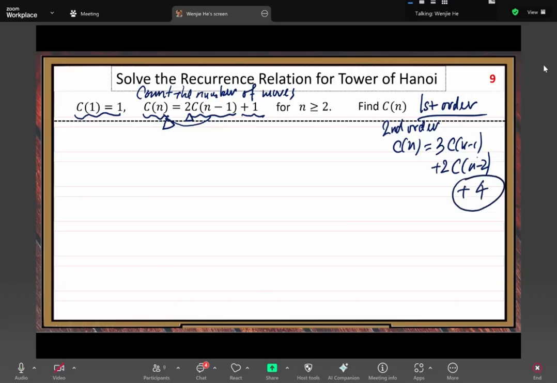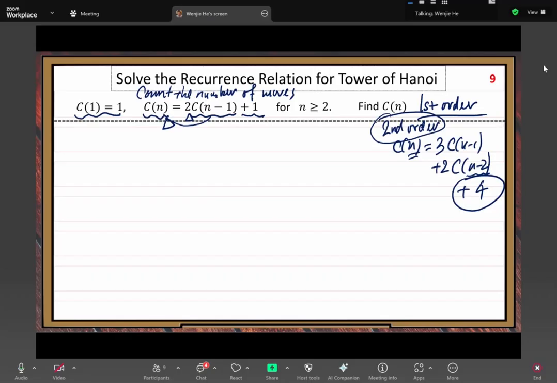So here you can see the difference between n and the smallest size number, n minus 2, the difference is 2, then we call it second order. Second order is much harder than first order, so we leave it to part D. We solve second order there.